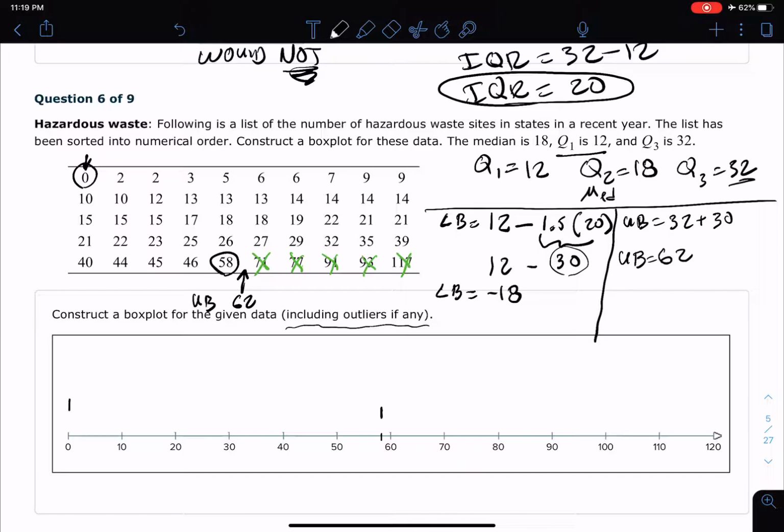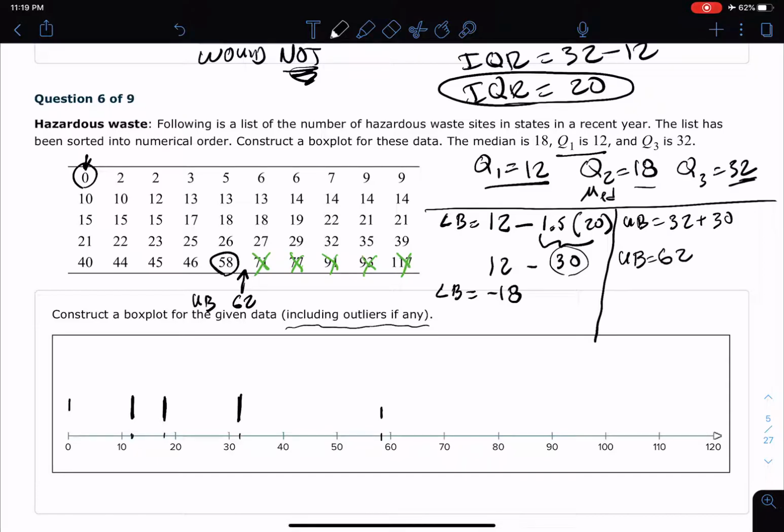Now we want to make our IQR, and we do that by graphing our Q1, which is 12. Notice they just gave us Q1, which is 12. So I go to 10, 12 is about there. I make that box a little bigger. And then I go to my median, which is 18. That's a couple back from there, so 18 is about there. These are approximates. And then Q3 is 32, so 32 is about there.